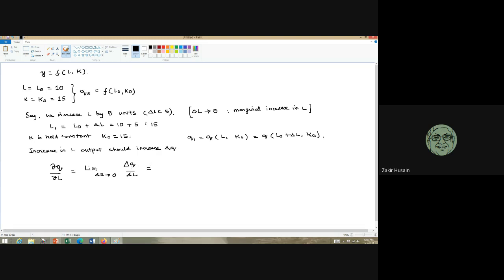Now, what is del Q? Sorry, I put X over here. It should be the L. Okay, limit del L tends to 0. Now, what is del Q? The new output, which is L0 plus del L, K0, minus the old output, which is L0 K0.